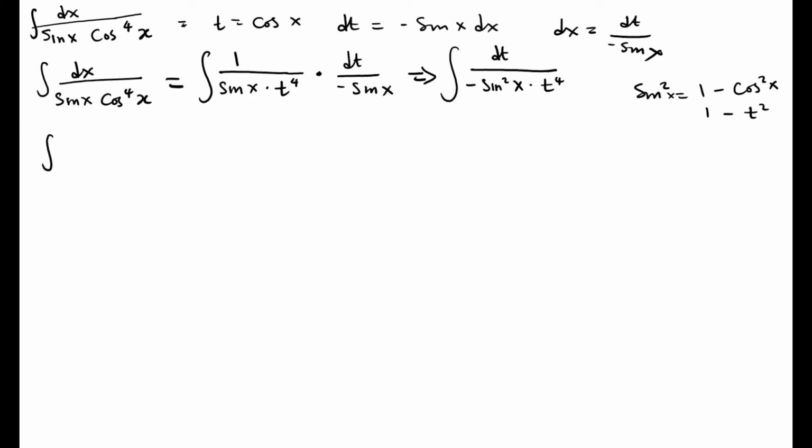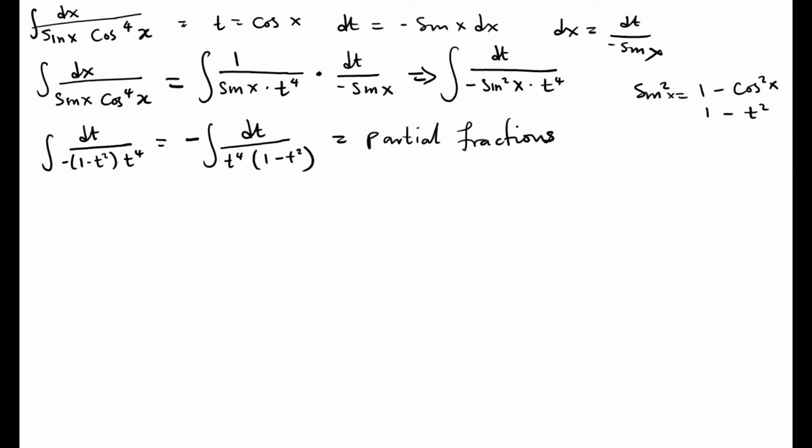So our equation is the integral of dt over minus (1 minus t squared) t to the power 4, which is just the same as negative the integral of dt over t to the power 4 (1 minus t squared). So we use partial fractions. So here we say negative 1 over t to the power 4, (1 minus t squared).